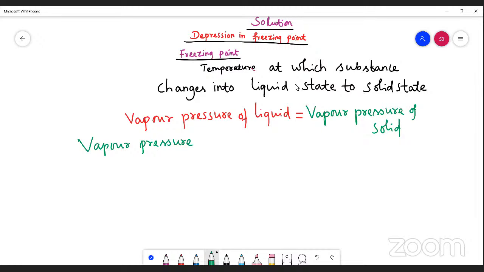Vapor pressure is a measure of the tendency of a material to change into its gaseous state.